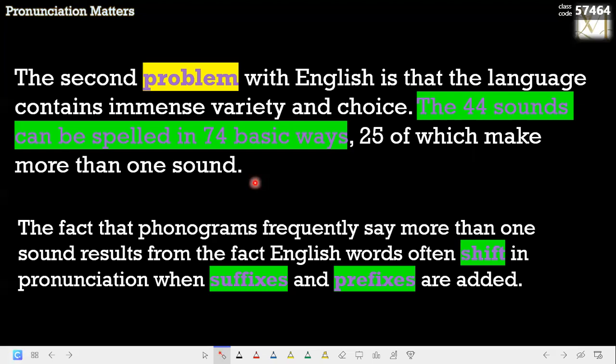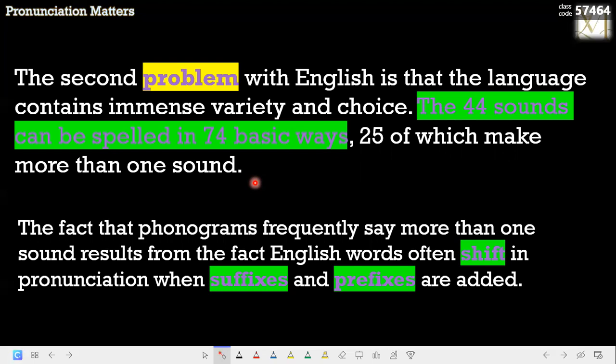The fact that phonograms frequently say more than one sound results from the fact that English words often shift in pronunciation. The pronunciation of some words changes when we use suffixes and prefixes. So when we add a suffix or a prefix, the pronunciation changes.